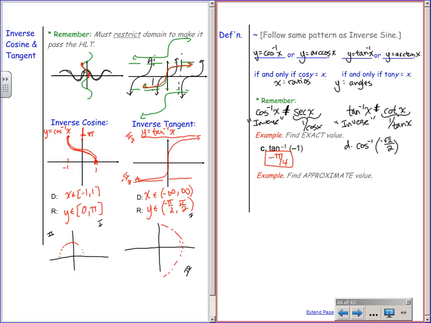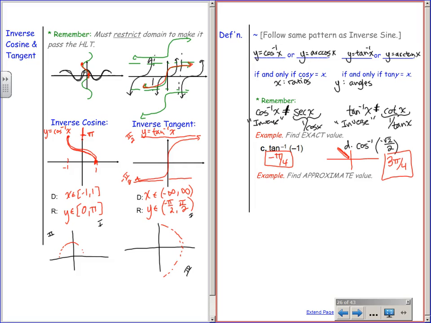Not pi over 4. Not -pi over 4. I need to go second quadrant pi over 4. I'm supposed to be looking only here. It's not the positive one. Must be over here. 3/4. Not 1 pi over 4, not 2 pi over 4, but 3 pi over 4.